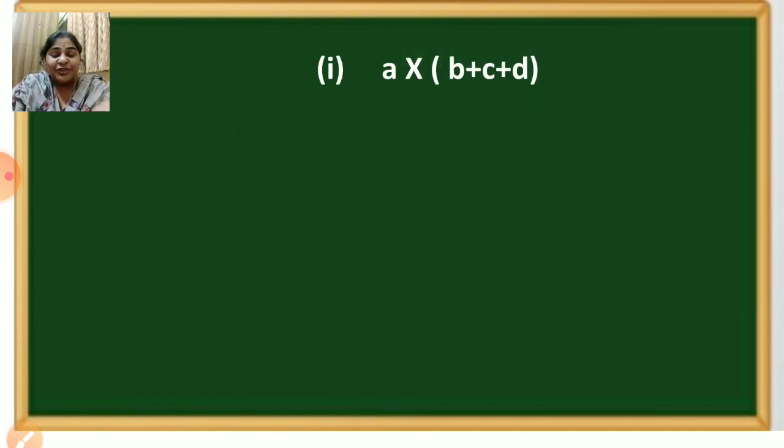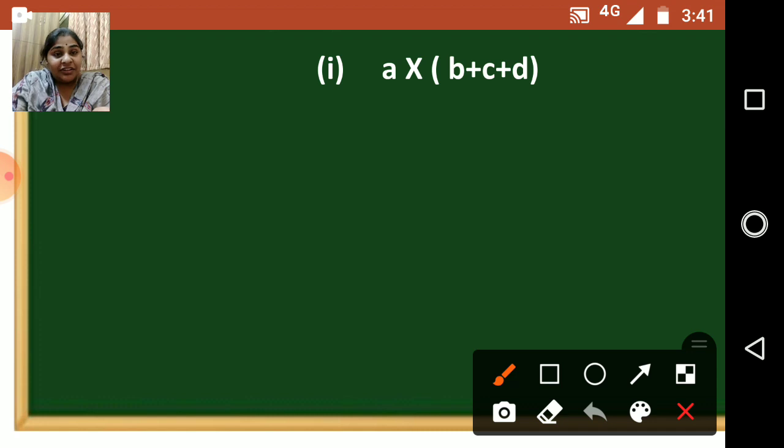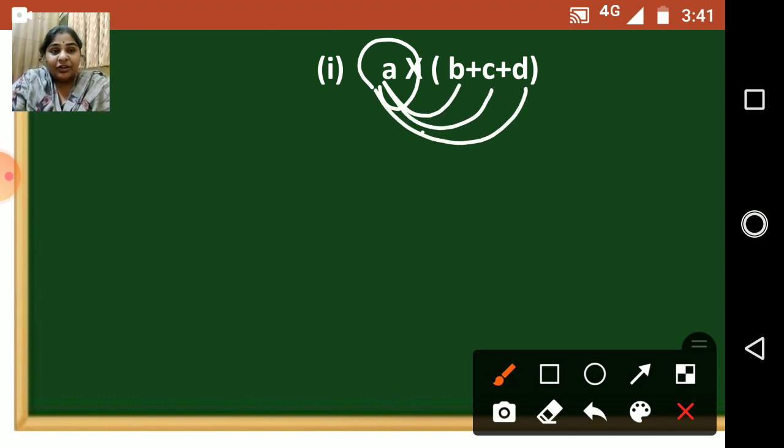So the first one is a multiplied by (b plus c plus d). As I have already told children, whatever is the monomial present, you have to multiply it with all the terms in the trinomial. Okay, all the terms in the bracket. So let us begin.